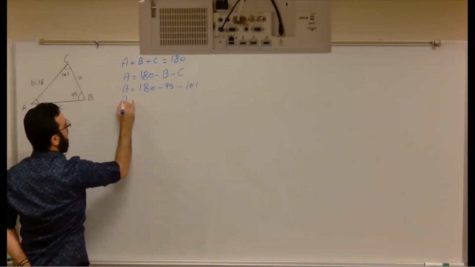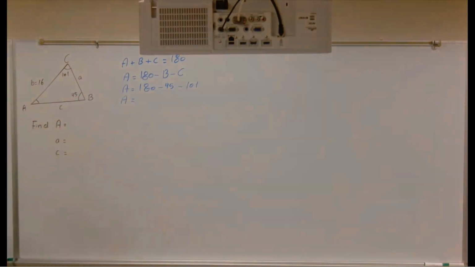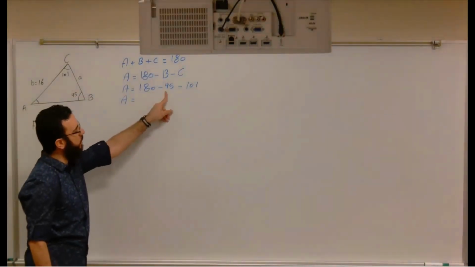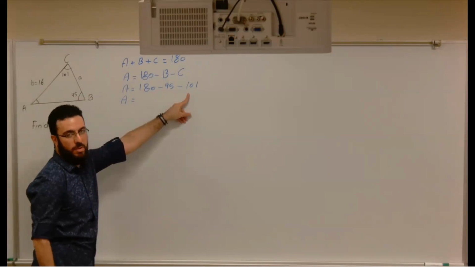So how much is A? It's 180 minus 45 minus 101.